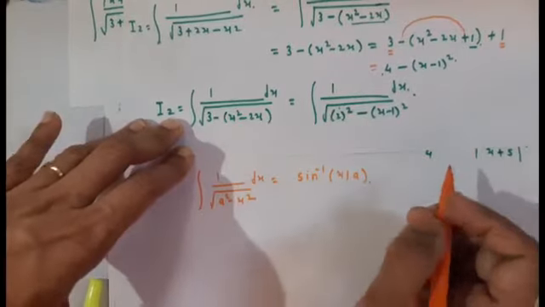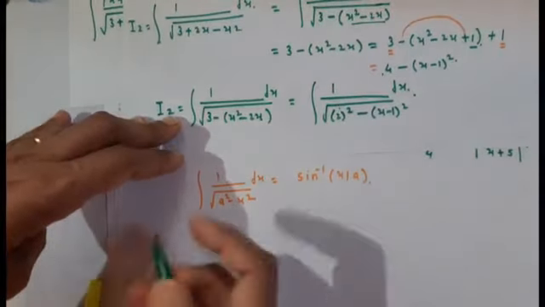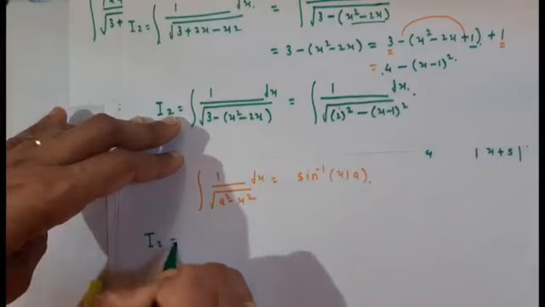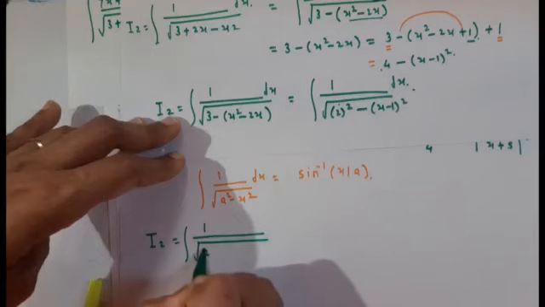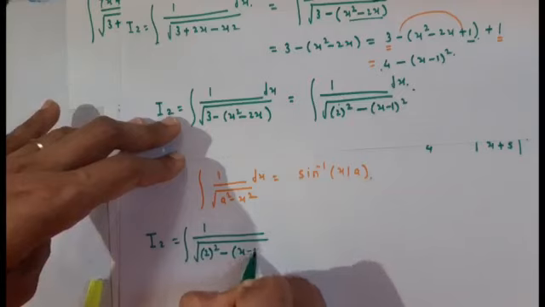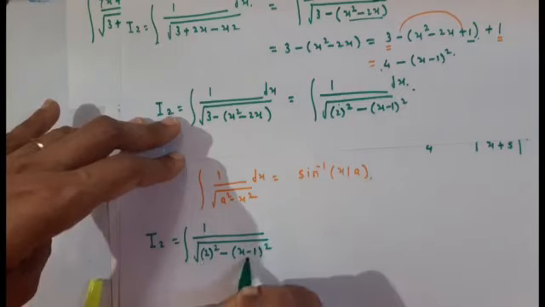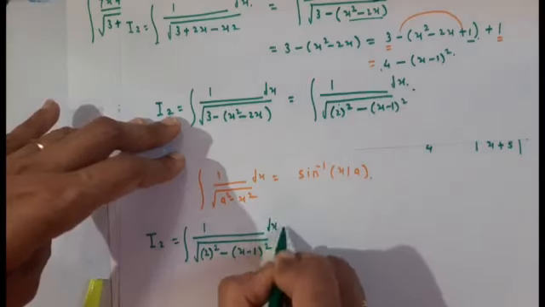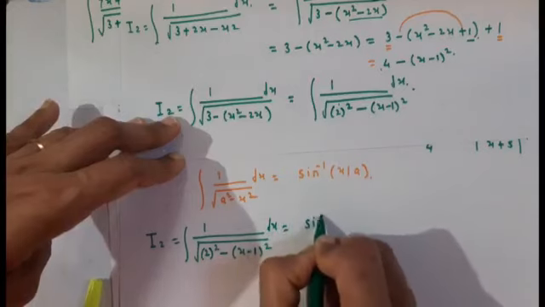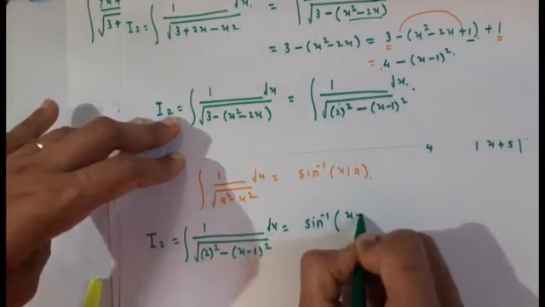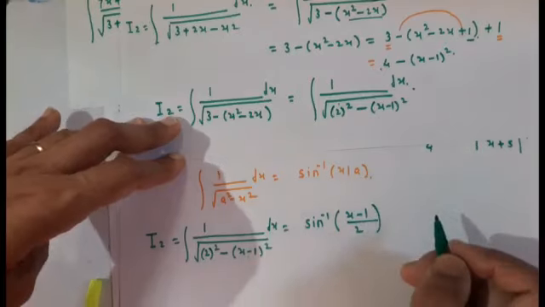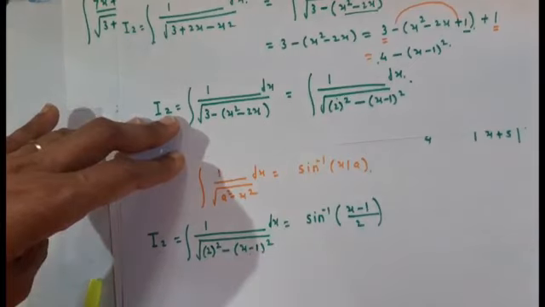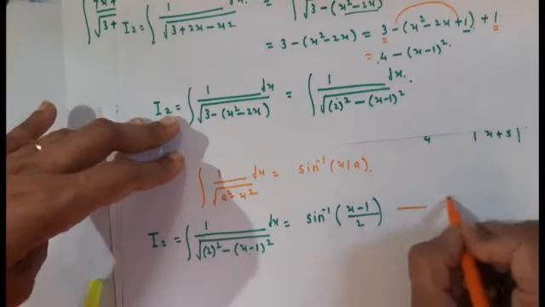Therefore the integration I2, that is 1 upon square root of 2 square minus x minus 1 whole square, where this is a and this is x, with respect to x is sine inverse of x minus 1 upon 2. This is the integration I2, and that is statement 2.